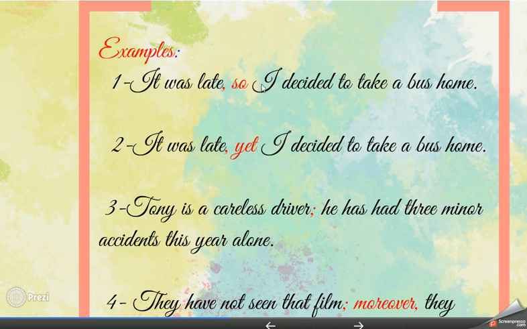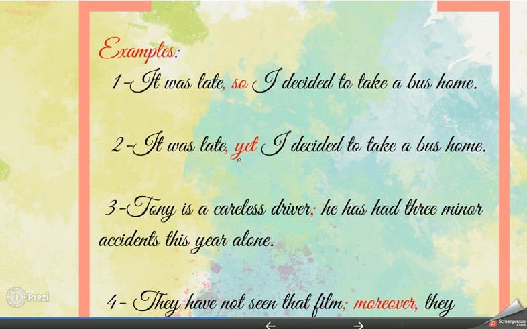Since they are joined using a coordinating conjunction, this conjunction determines the meaning of the sentence. So I used the same independent clauses. I only changed the coordinating conjunction to show you how important these are when it comes to the whole meaning of the sentence.